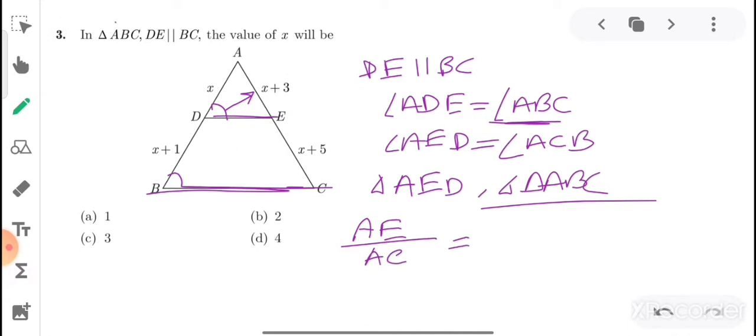The corresponding sides of AED will be AD and of ACB will be AB. Then AD by AB will be equal with AE by AC.